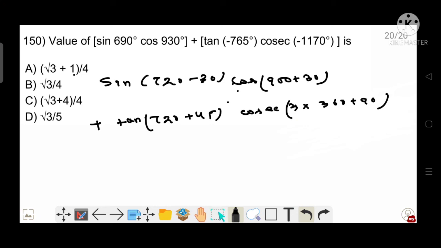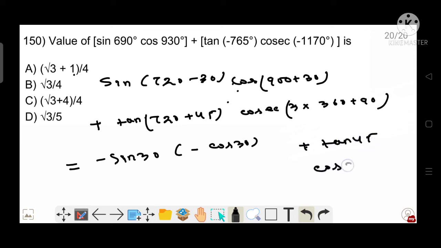Look, cos of minus theta is cos theta, so theta is plus. So this will be sin 720 minus theta, which is sin of minus theta. In the fourth quadrant, sin is negative, so minus sin theta, minus sin 30. It is a minus cos 30, this will be in the third quadrant, so minus theta. And tan 45 is positive into cosec 90, which is 1.